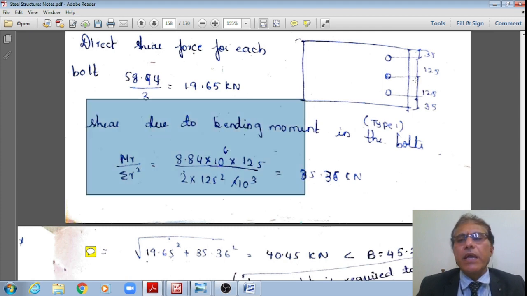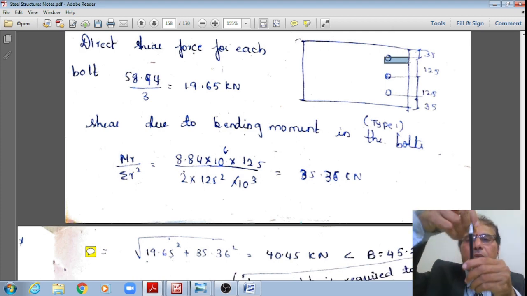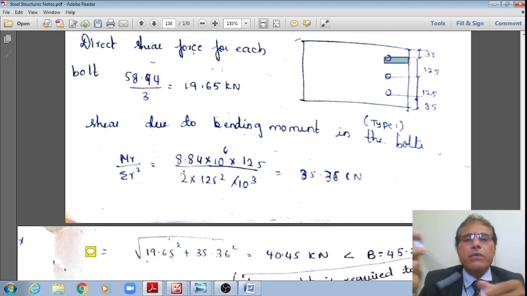The extreme bolt is at a distance of 125 mm, so r1 and r2 are both at the same distance. Therefore, this extreme bolt is subjected not only to the vertical shear but also to the horizontal shear due to bending.